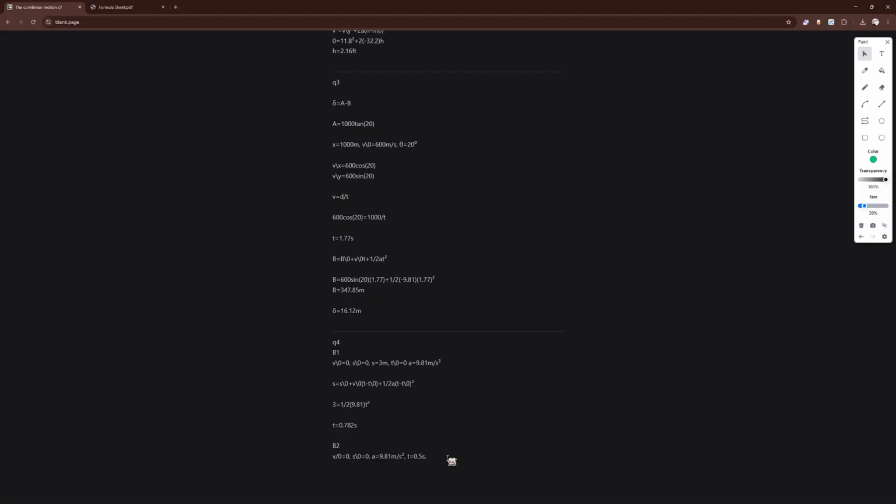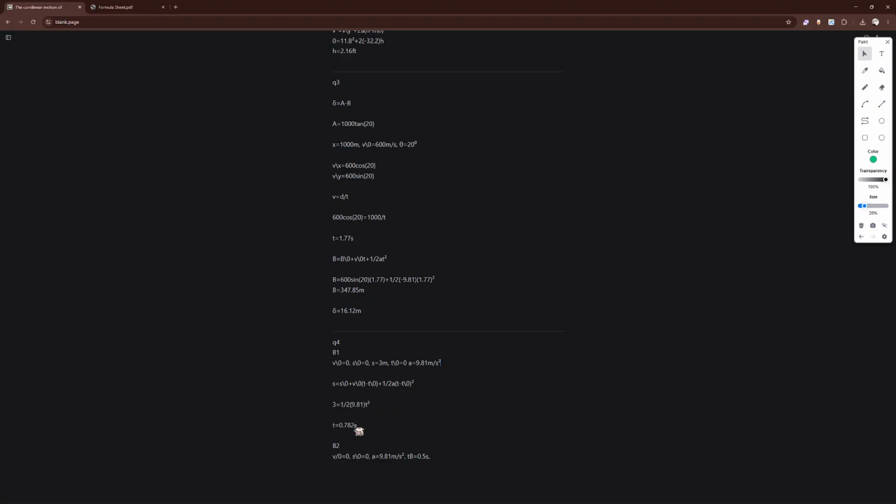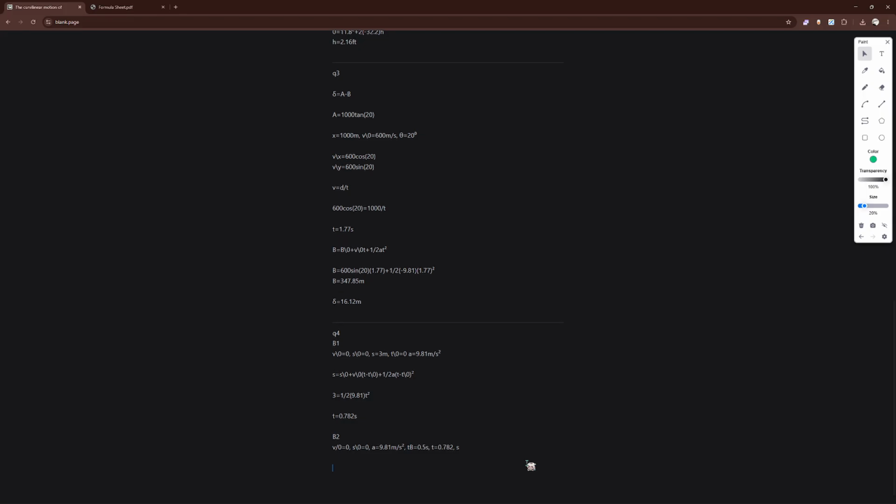T is equal to 0.5 seconds. Or sorry, that's the time for ball 1. We're looking for this separation here. The time for here to here is still 0.782. So we're just going to call that T of 0.782, right? And we're looking for S in this case.